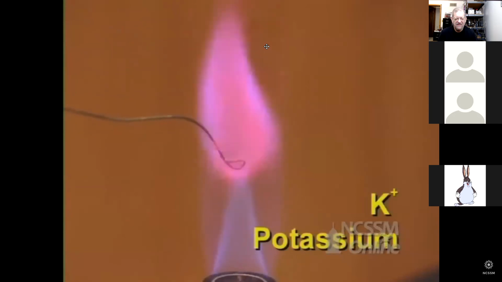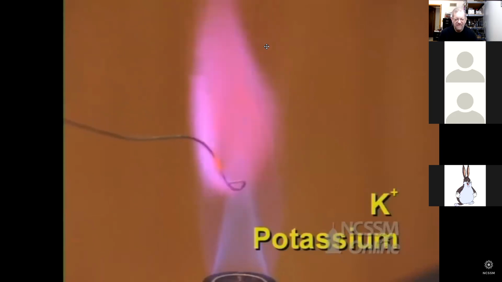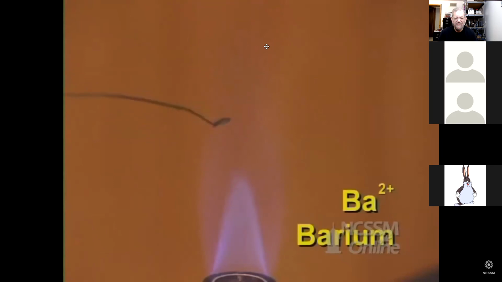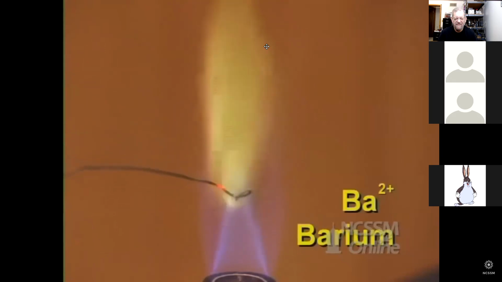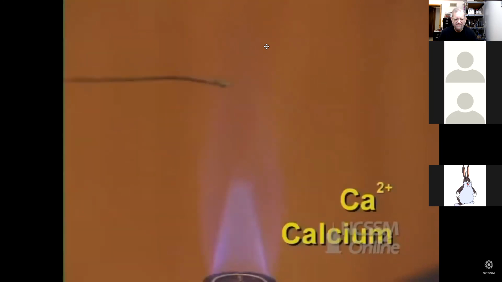Potassium. It should be a lavender. This is barium. The green. This is calcium. Calcium.